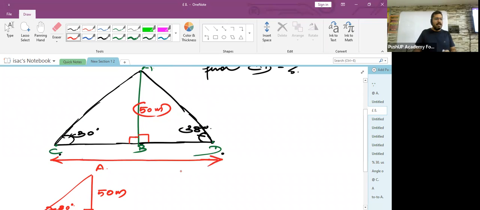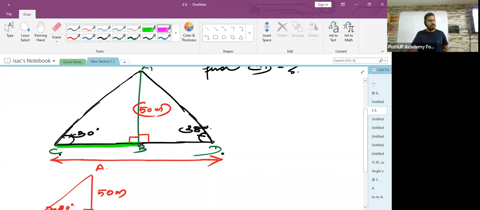So don't you feel first you have to get the value of CB by using the right angle triangle ABC. Milan, is that clear? In that case, continue my sentence. Next, what should I find? I should first find BC. CB we should find.